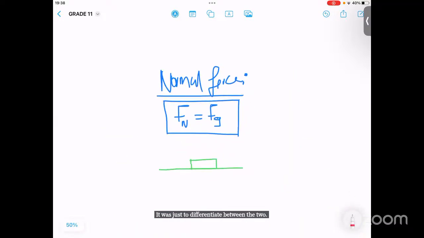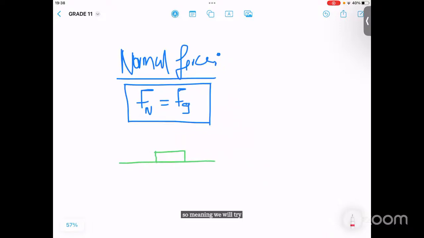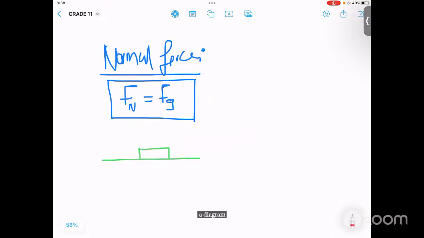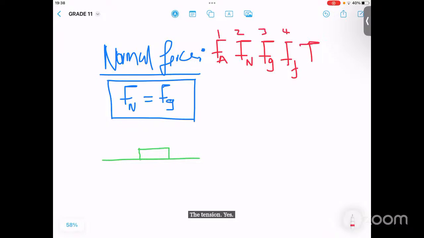So we will try to have different types of diagrams just to learn the interactions of the applied force, normal force, force of gravity, force of friction, and the tension. Yes, 1, 2, 3, 4, 5 forces. We are just now starting with the normal force. So I've just explained to you that the normal force is equal to the force of gravity.